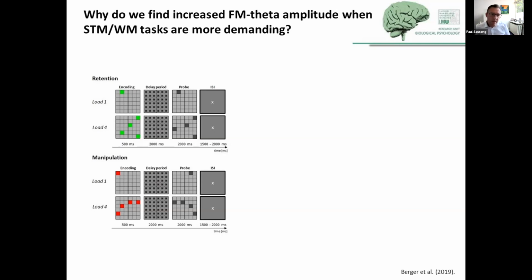So what we did was young healthy participants performed this kind of visual working memory task, in which in each trial such a matrix was presented, and then either one or four items or four positions were highlighted in color, and participants had to retain these positions for 2 seconds and then compare them to a memory probe. This was when the items were shown, or these positions were shown in green.